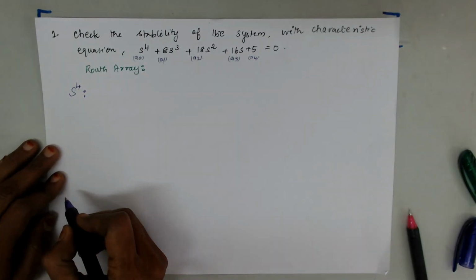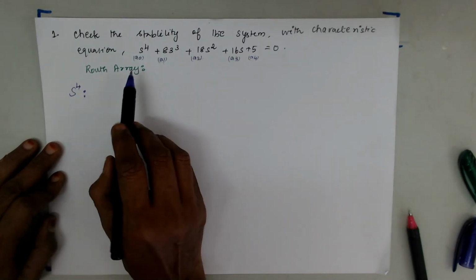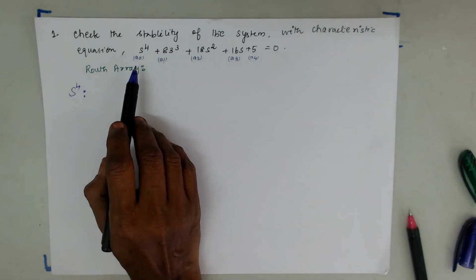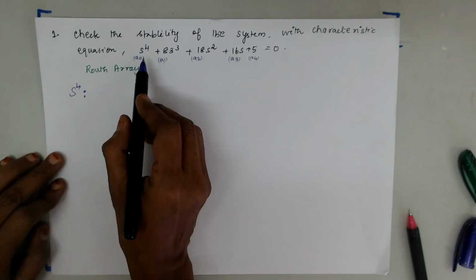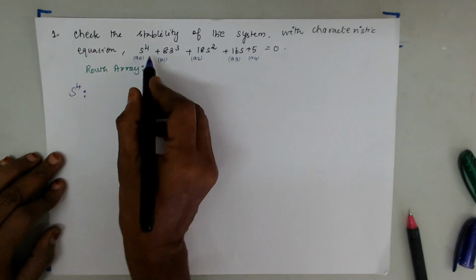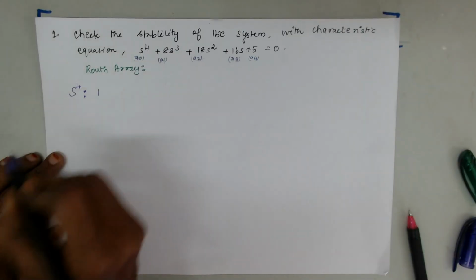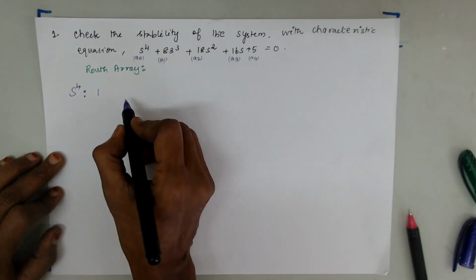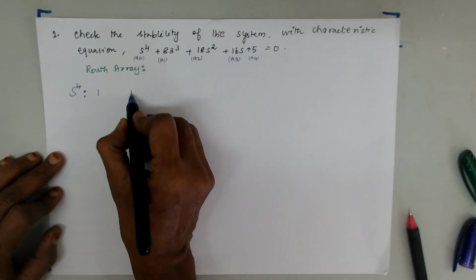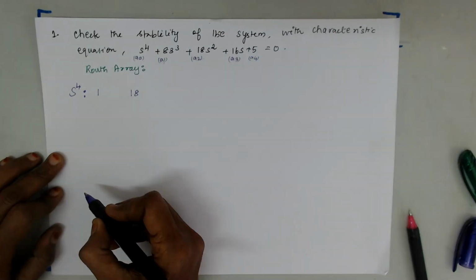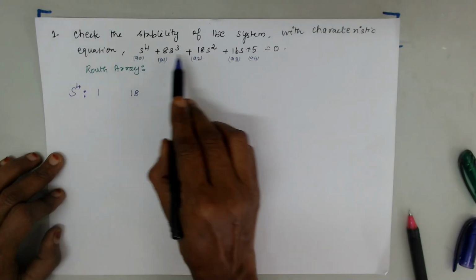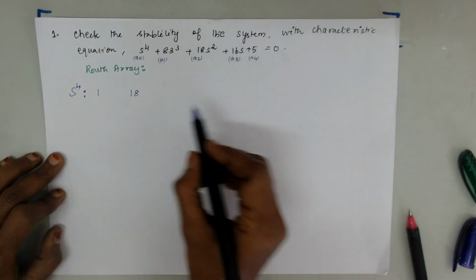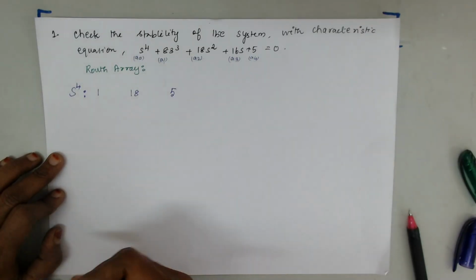So for s4, the first row is constructed by writing the even powers. The first coefficient is a0, the coefficient of s power 4, which is 1. Then we take a2, the coefficient of s square, which is 18, so write 18, and a4, whose coefficient value is 5.